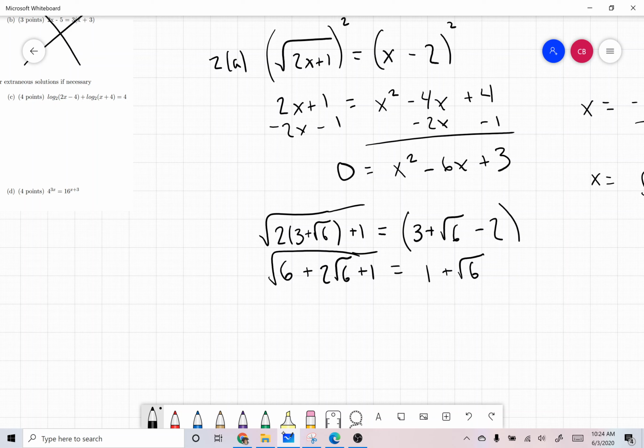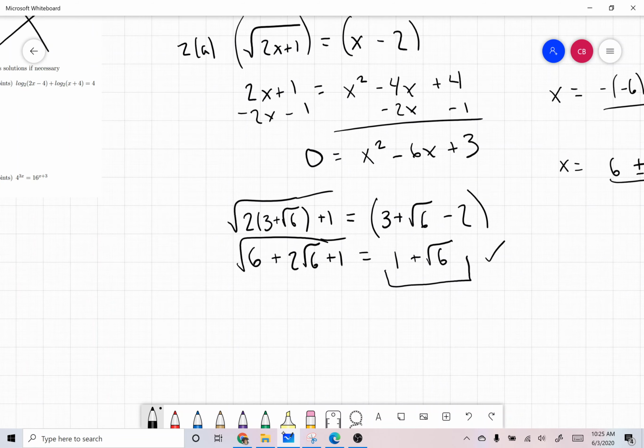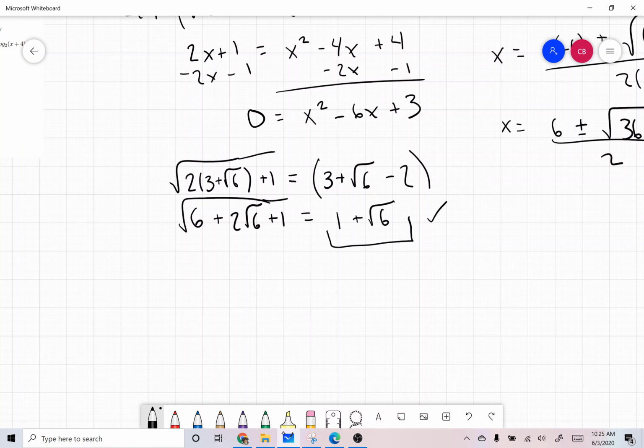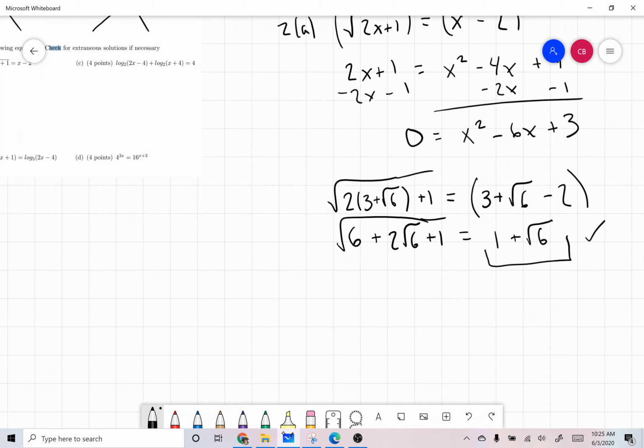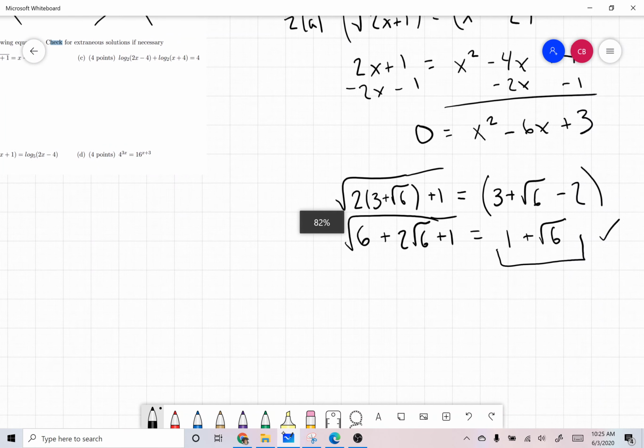As long as I've done the math correctly, this should be a real solution. The thing I'm mainly checking is that this is positive, because if it's negative, obviously it won't be a real solution. So I'm going to assume this one checks out as long as I've done this problem correctly. So we'll just check and make sure that's positive. If it is, we'll assume it's correct. And then we'll go from there.